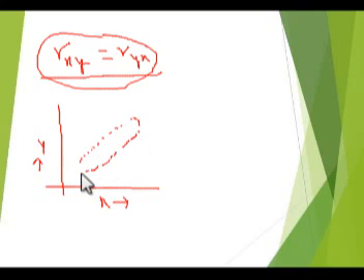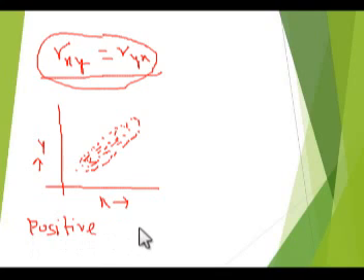This is the positive correlation. If you wish to get positive correlation, the data's scatter must be in this way. Otherwise, you will not get positive correlation.